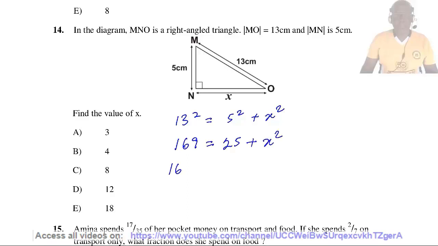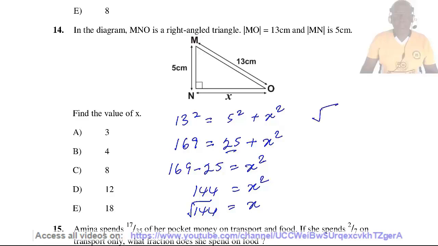Now 169 minus 25 equals S squared. 169 minus 25 equals 144 equals S squared. Therefore, S equals the square root of 144, and the square root of 144 equals 12. So the answer is D.